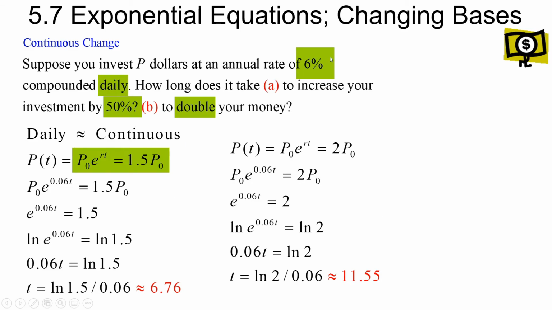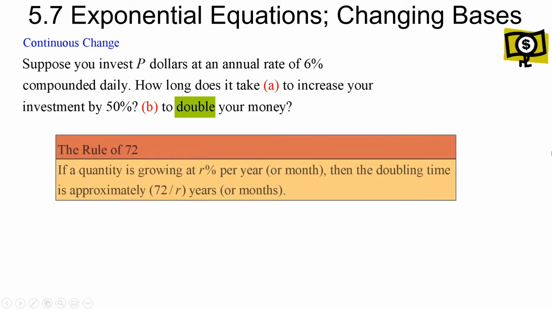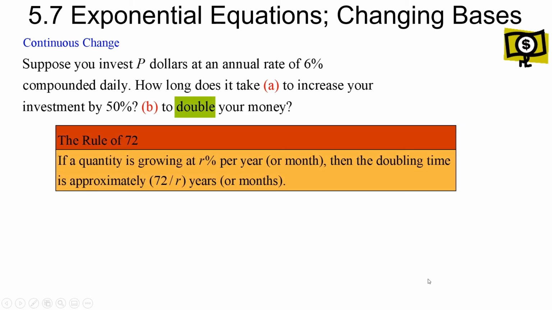Now, there's another way we could have done this problem, because B, to double your money, do you remember the rule of 72? Let's check it out with the rule of 72 and see if we get the same thing. So the rule of 72: if a quantity is growing at R% per year or month, then the doubling time is approximately 72 divided by R years or months, or whatever unit of time we're using.